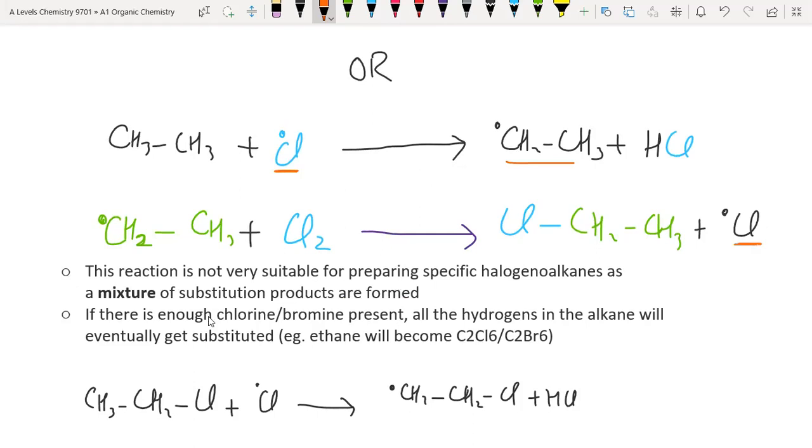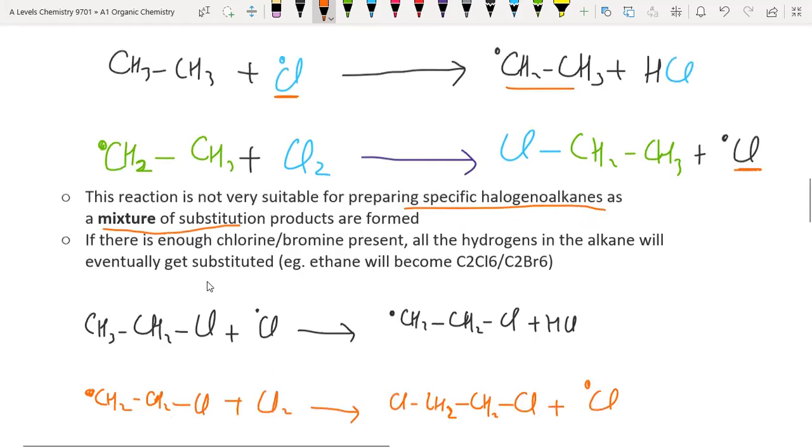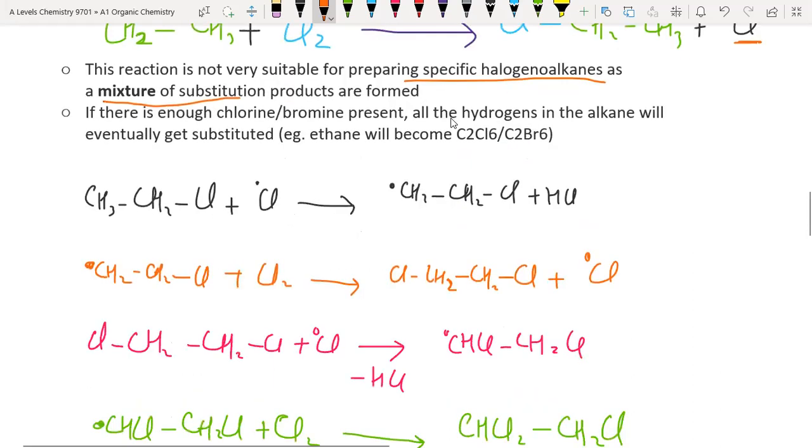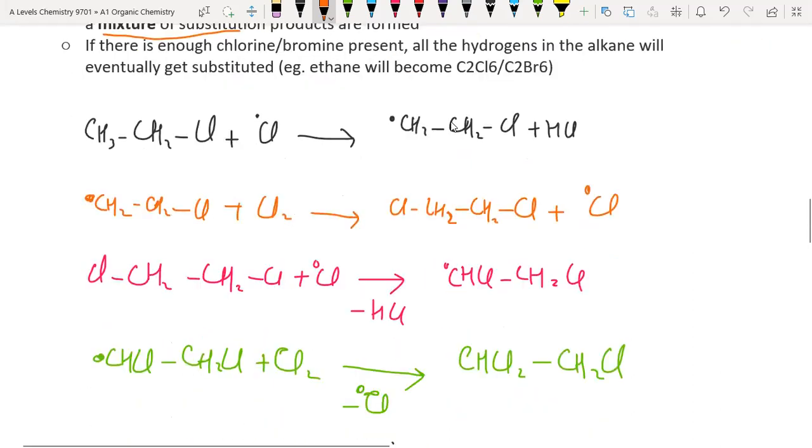This reaction is not very suitable for preparing a specific halogen compound, as it is producing a mixture of substitution products. If there is enough chlorine or bromine present, all the hydrogens in the alkane will eventually get substituted.